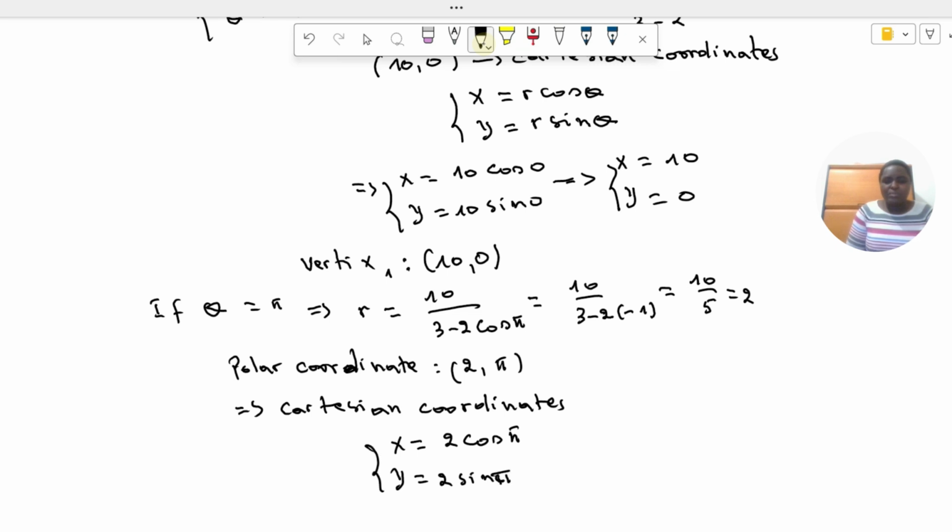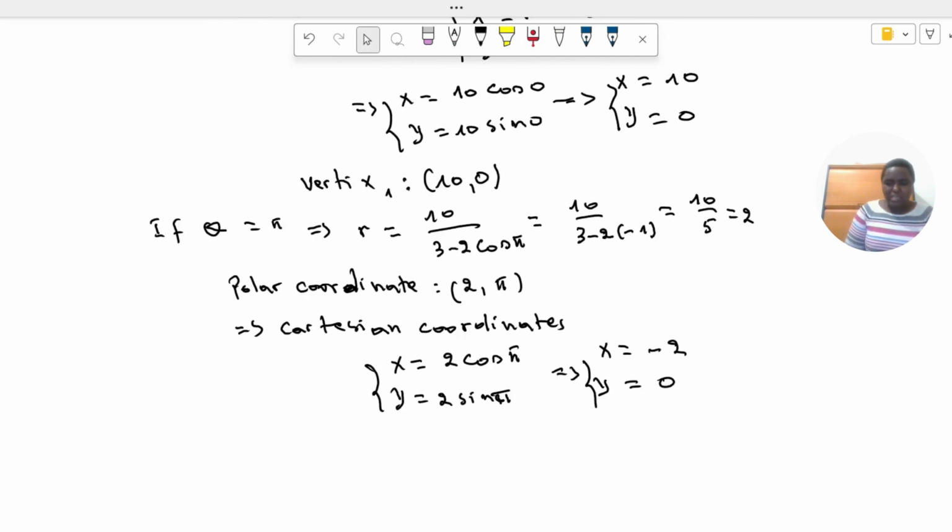So x equal to 2 times cosine of pi, which is minus 1, equal minus 2, and y equal to 0. So the second vertex has coordinates minus 2 and 0 in Cartesian coordinates.